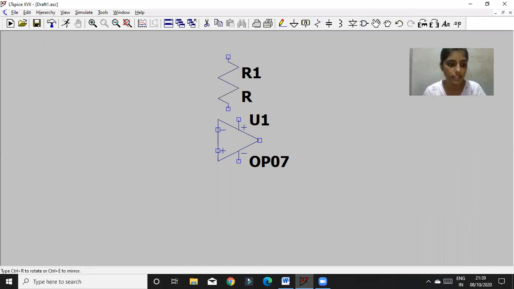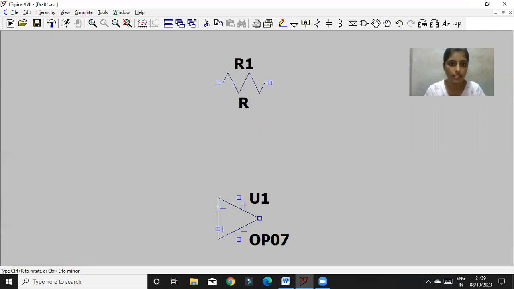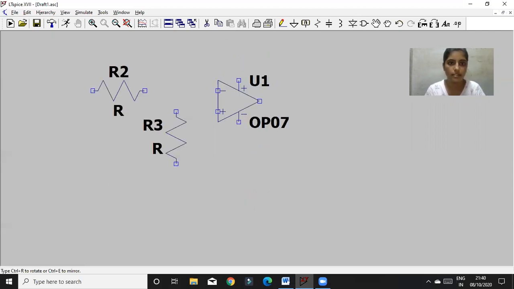I need 3 resistors here. One I connect here, another one is here, and the other one is here. So this is my circuit, and I also want a capacitor.